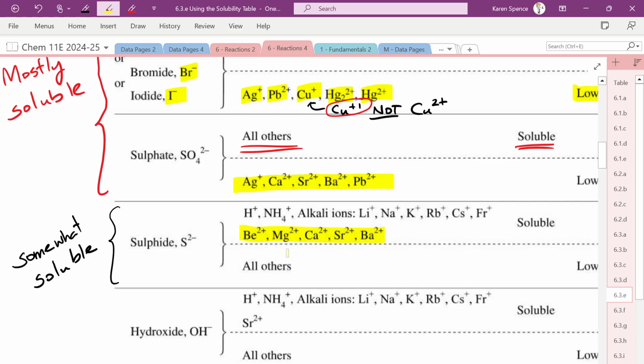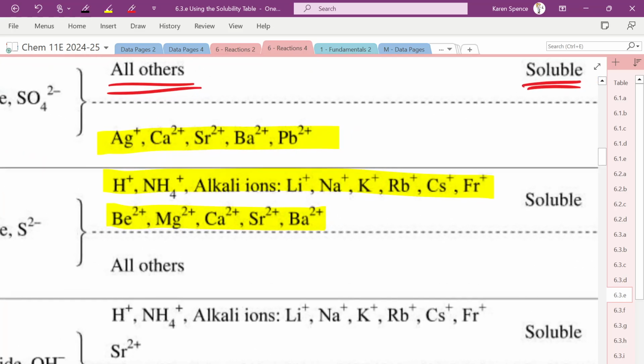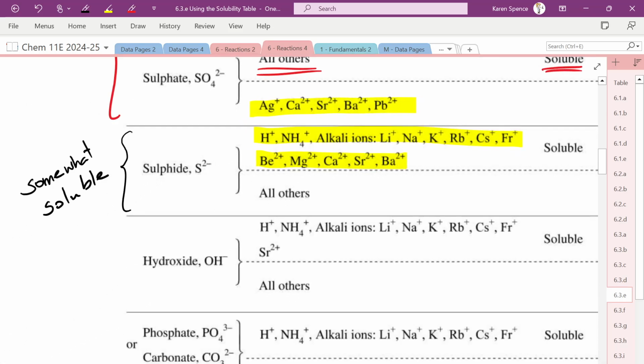Other than the cations that are soluble with everything, there's only 5 extras that sulfide is soluble with. So if you have any of the alkalis, ammonium or hydrogen, the only 5 extra, beryllium, magnesium, calcium, strontium, barium, are soluble. Is that good? Okay. Hydroxide, mostly not soluble.